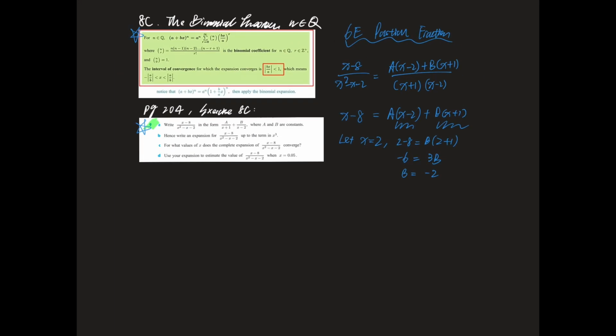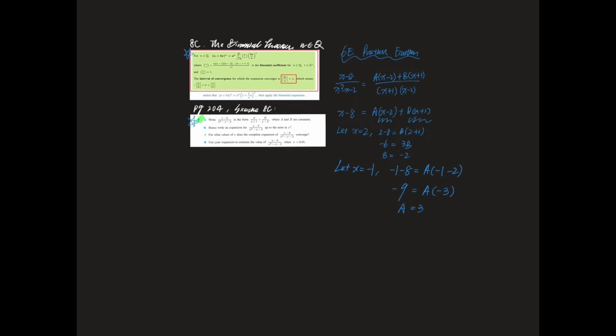Okay, and then same thing, we can let x equal to -1. So we let the x plus 1 become 0, right? And we're left with a in the equation. So -1 minus 8 on the left, and then a times -1 minus 2 on the right. So -9 equals a times -3. So your a is just equal to 3. Okay, and to answer question A, we just need to tidy everything up and put it in the form they required.